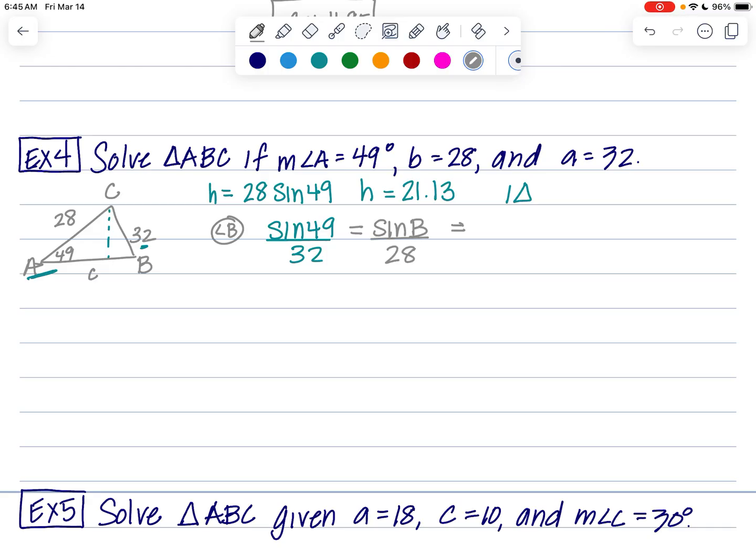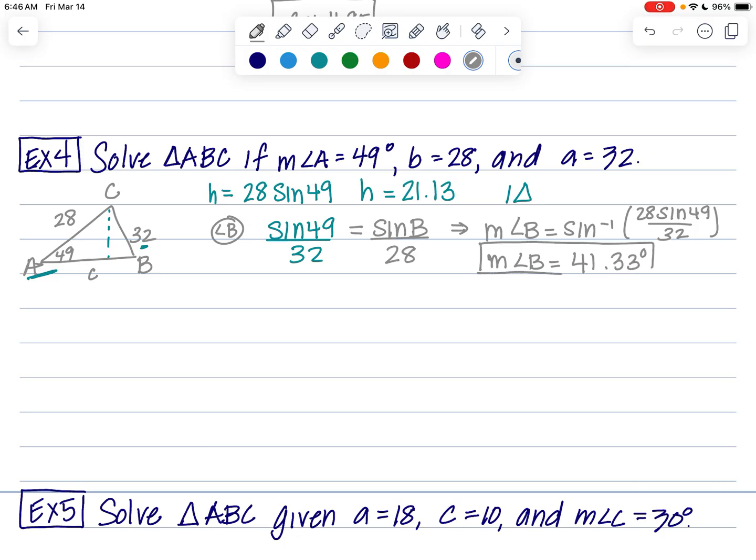I am going to cross multiply, and skip a few steps to make this a little faster. I'm going to get the inverse sine of 28 times the sine of 49 over 32. I am confident that you can handle doing the algebra to get to this point. The measure of angle B is 41.33 degrees.